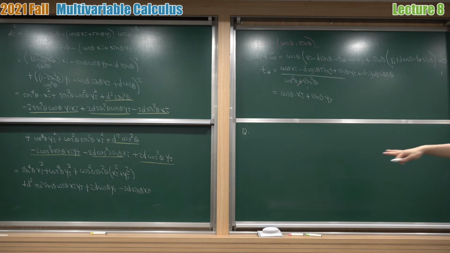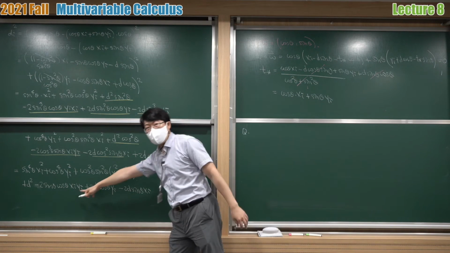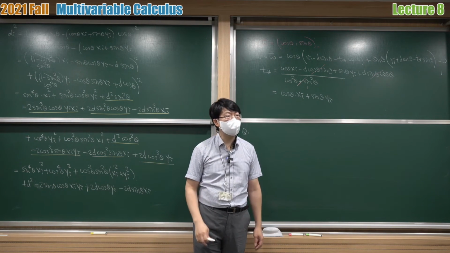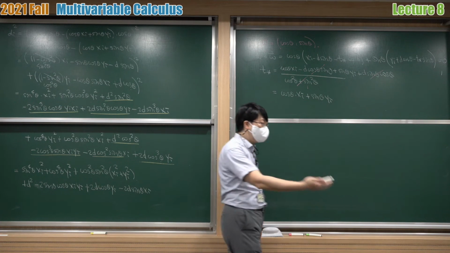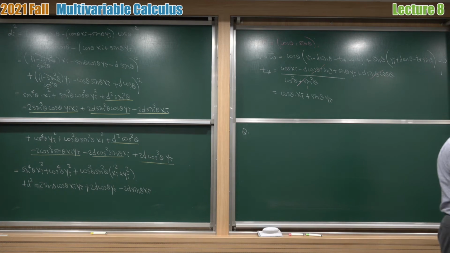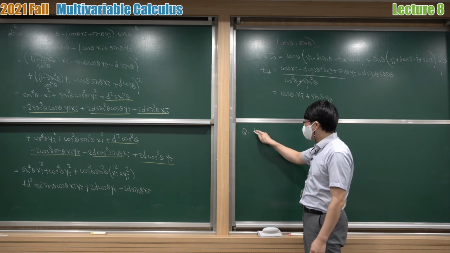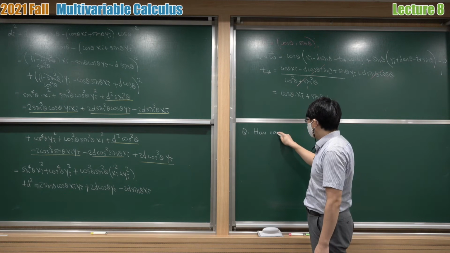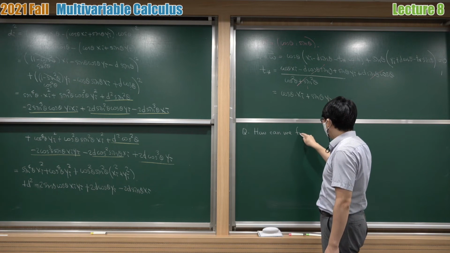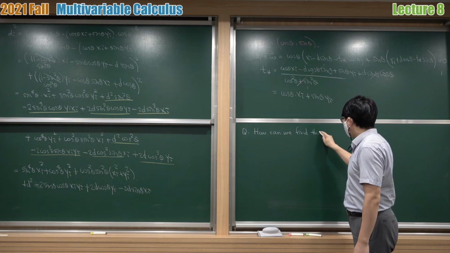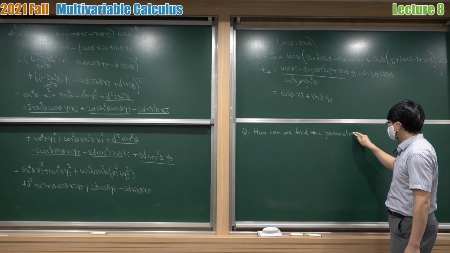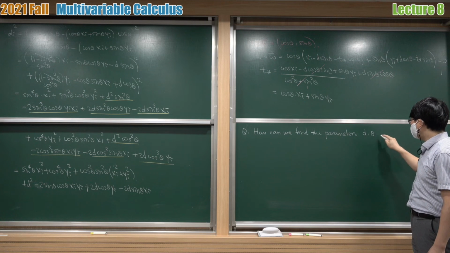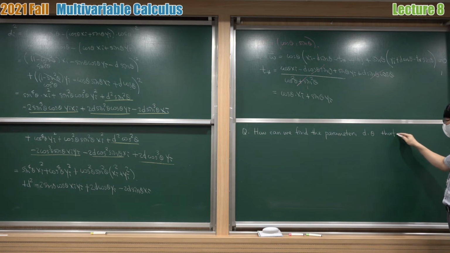So although I put it in xi and yi, these are constants, right? These are numbers. What we don't know is d and theta. We want to find d and theta, which defines the line which fits the best to the data xi, yi. So the question is, how can we find the parameters d and theta?